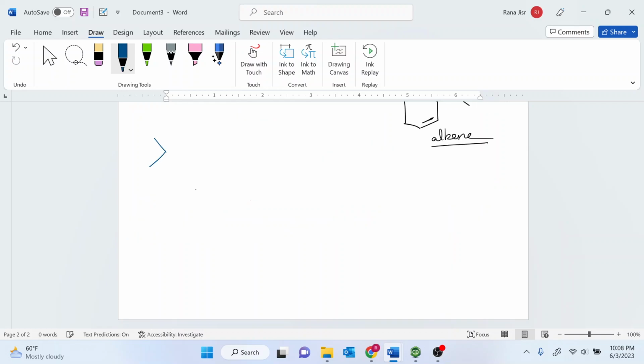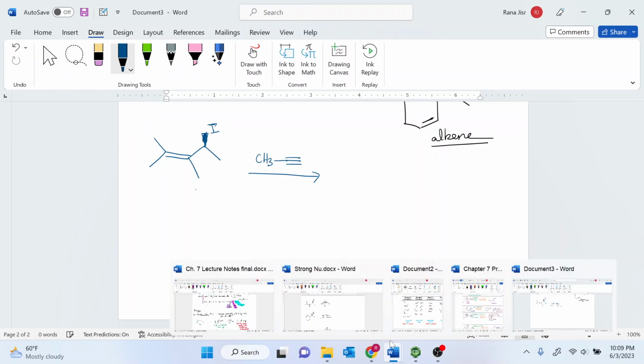Let's say if I have another example, I have an alkene, and then I have my iodine in here, which is in front, and then I have a CH3, and I am reacting this with a CH3, carbon, triple bond carbon.